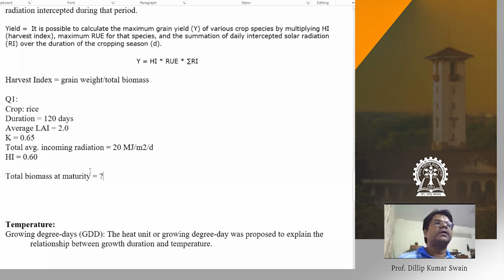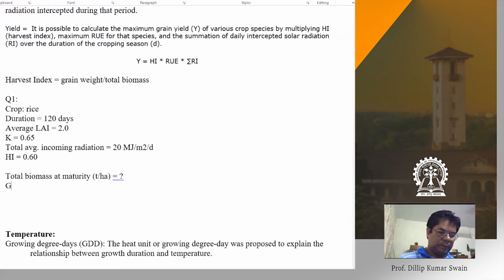You can have it in tons per hectare. Then the grain yield per hectare. Can you do this one?